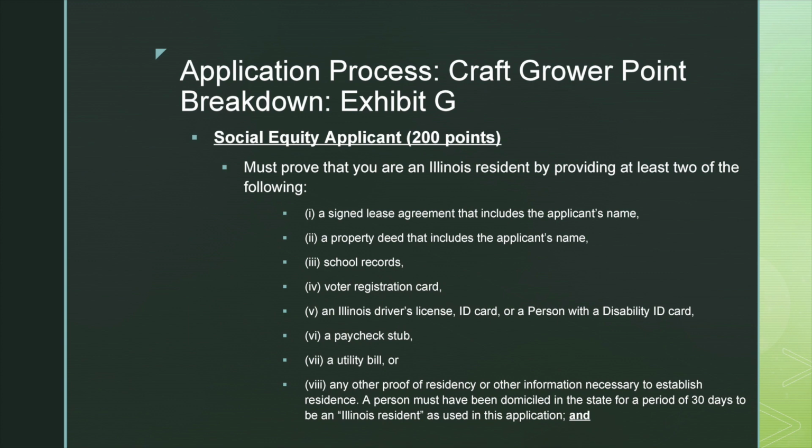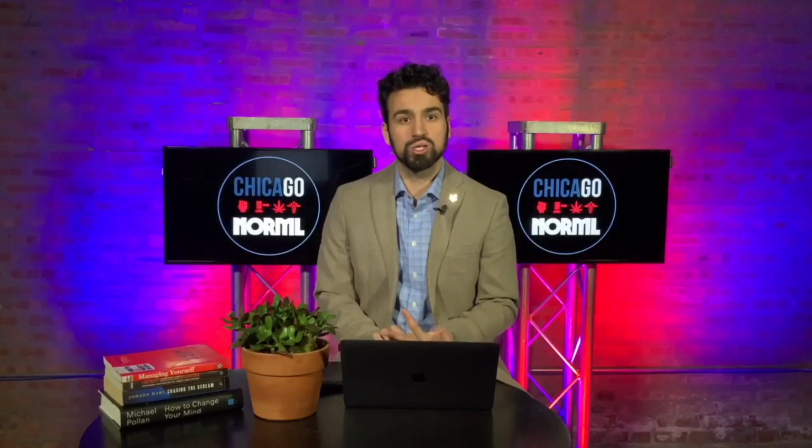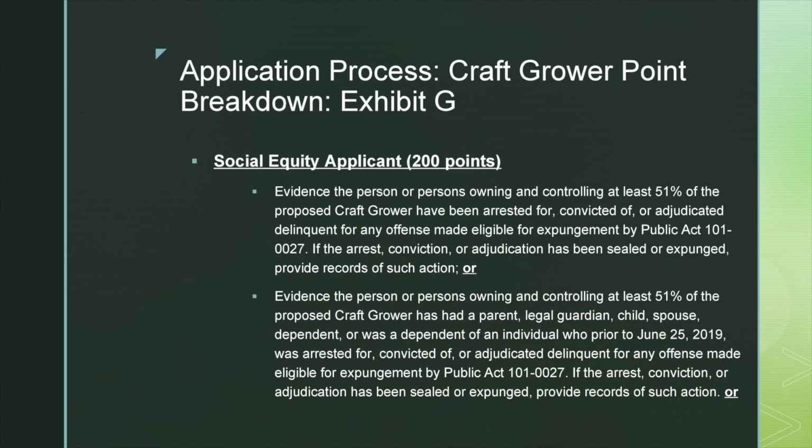You have to first provide that you're an Illinois resident, and then you have to fall into one of those categories that we previously talked about before, which is living in a disproportionately impacted area for 5 out of the last 10 years, having a cannabis offense that is expungable now, or having a family relative that is now able to have that expunged, or having 10 full-time employees at minimum, half of which either live in a disproportionately impacted area, or have been charged with a crime that is now expungable. 29 continues to go into this just like we had before. Same with 30 and 31.